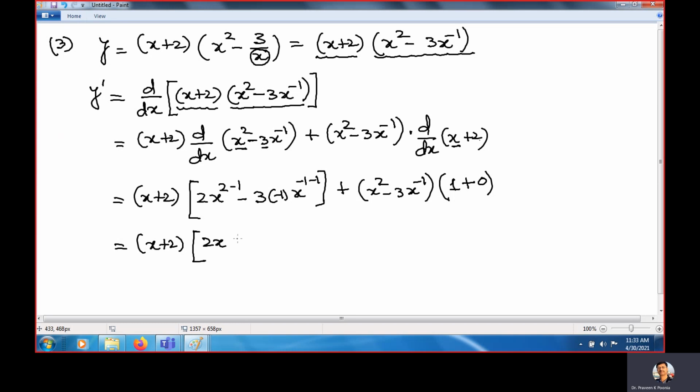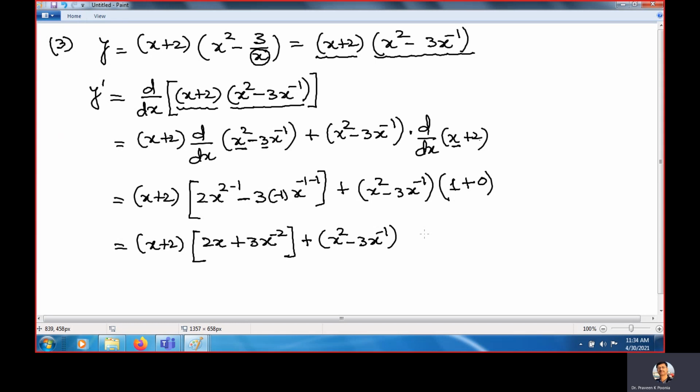So it is 2x. Minus 3 into minus 1, it is plus 3. X power minus 1 is minus 2. Plus x square minus 3x power minus 1. 1 plus 0 is 1. And if you will multiply, it will remain same.